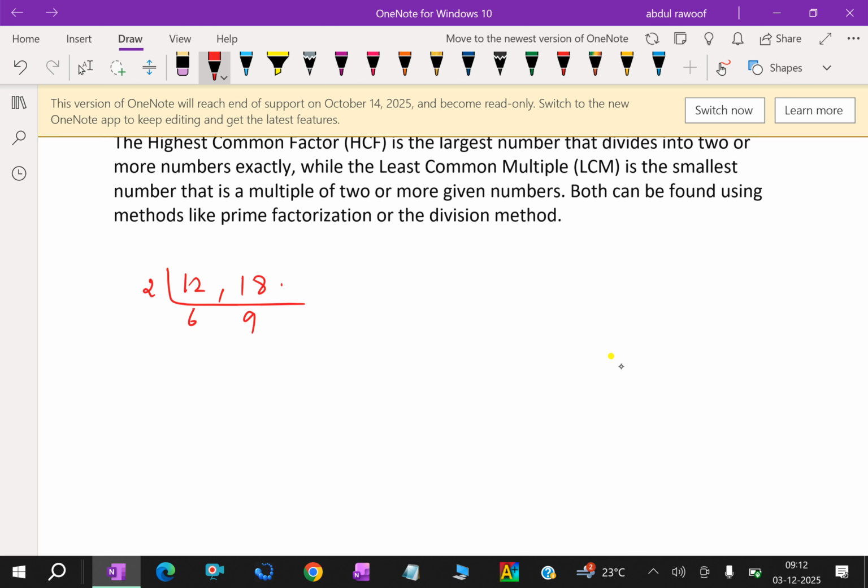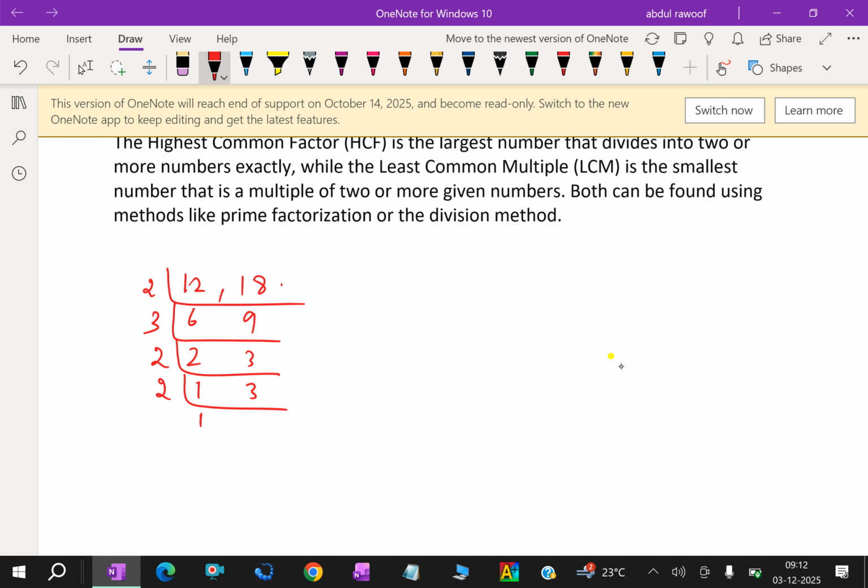Then for both, the common prime factor is 3. 3 twos are 6, 3 threes are 9, further divide by 2: 1, and 3 is not divisible, so keep it as it is. Then further 1.